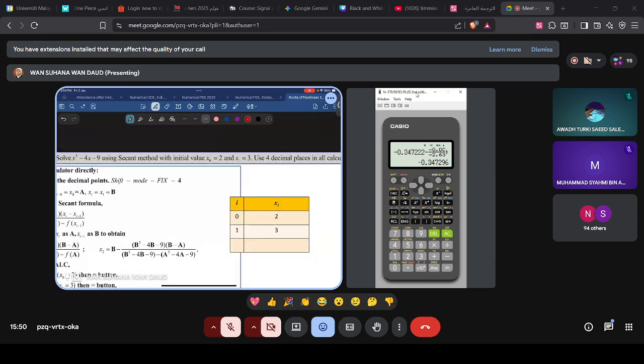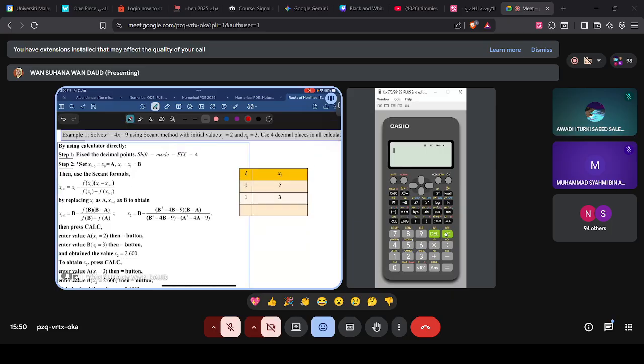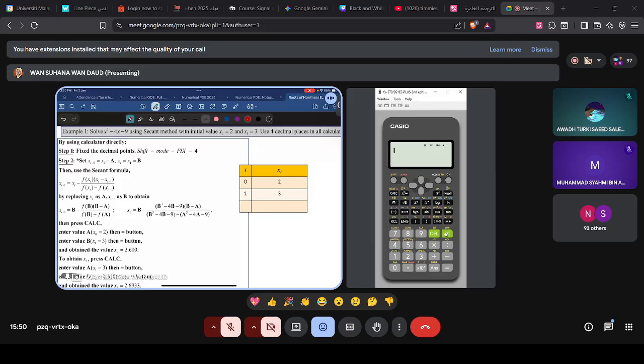Okay. So now we're going to use the calculator. First thing first, because they use 4 decimal places, I'm going to change it to 4 decimal places. Okay, 4 decimal places. All right. So this is the initial value given, x0 equal to 2, x1 equal to 3.